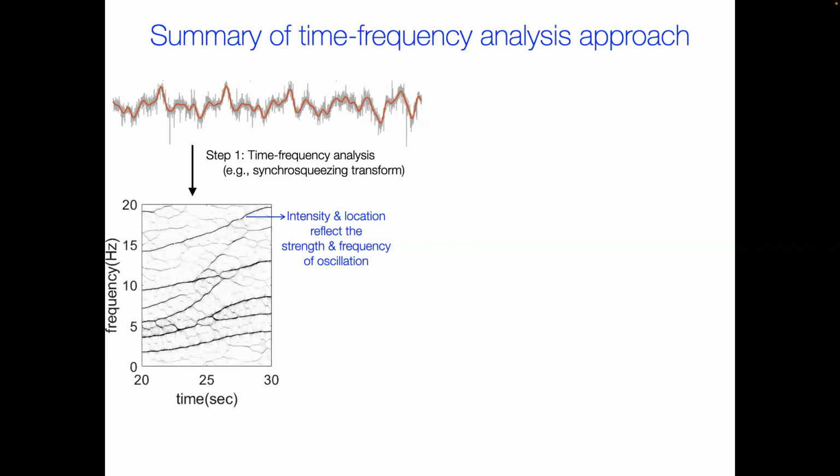For example, there is a curve here. This intense curve suggests that at time 25, this component oscillates about 15 times per second. That is how you reach the time frequency representation. So this is a very quick 30 second introduction to time frequency analysis.